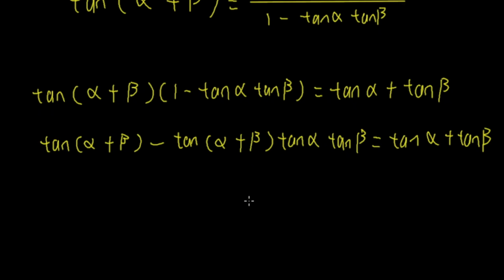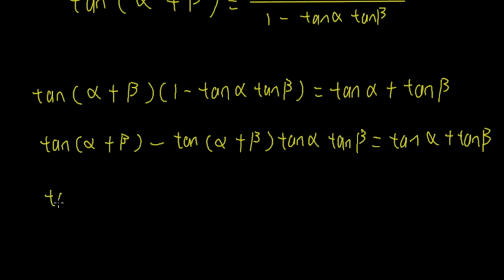Now, we arrange this. So let's try to put all the tan beta on one side. To do that, I will move this one to the right side and then move tan alpha to this side.